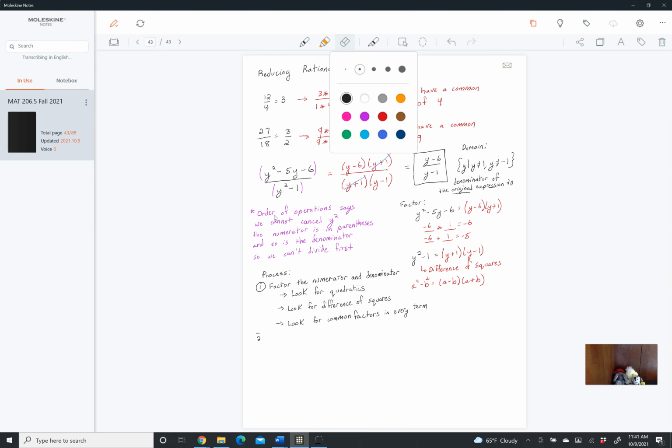Once you factor, you can reduce by canceling factors, and I'm going to underline factors, shared by the numerator and denominator.